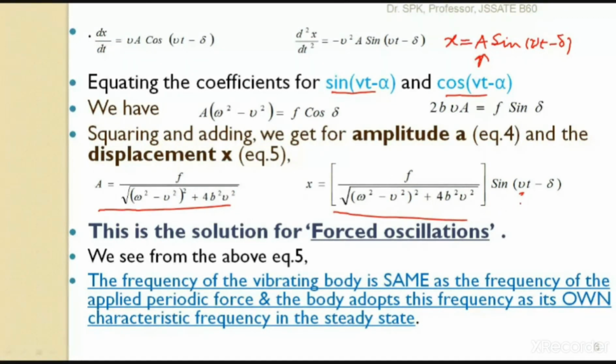The body adopts this μ, the external periodic frequency, as its own characteristic frequency, and continues to be in the state of steady oscillations, as long as the external periodic force is continuously acting upon the body. So you are giving a force externally to maintain the sustained state of oscillations. Therefore, it is called forced oscillations.